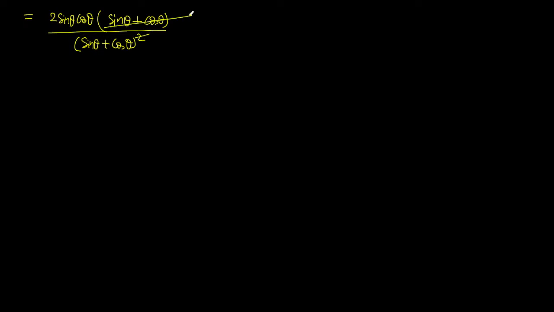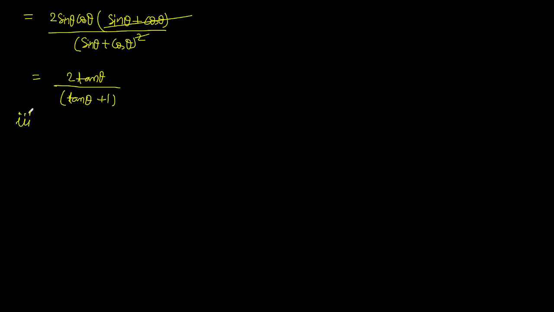One cancels, one cancels. This is nothing but 2 sin theta cos theta. Okay, we'll divide by cos square theta up and down. We'll get 2 tan theta upon tan theta plus 1. This is all we will get. Okay, so we got the proof for the second one.